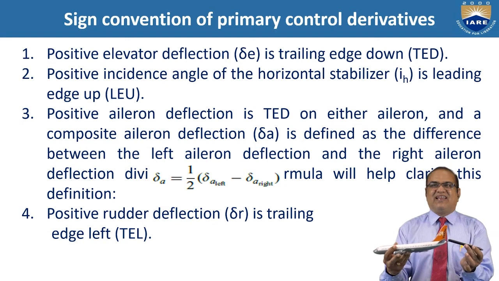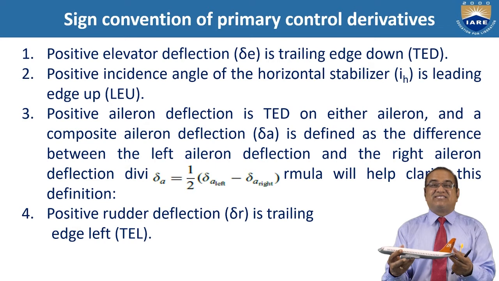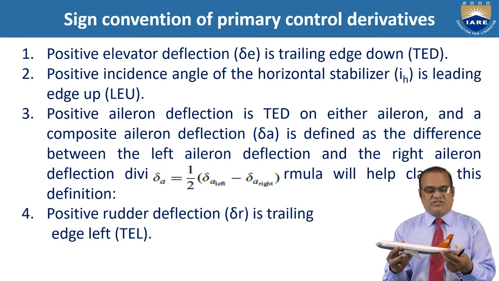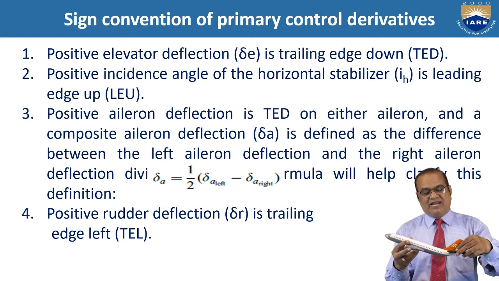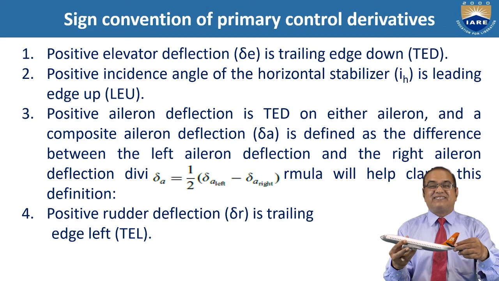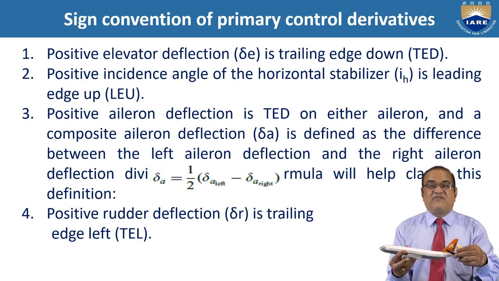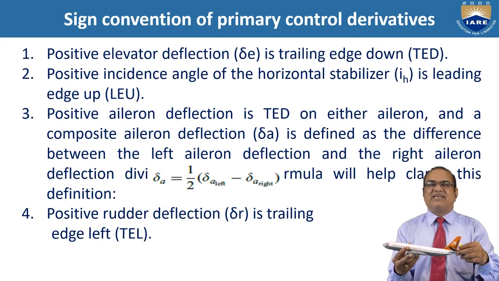Positive incidence angle of the horizontal stabilizer IH is leading edge up. So this IH we can say is positive when the leading edge is facing upward. Here it is 0, and if it is going like this, we can say that it is positive. So IH, the incidence angle of the horizontal tail, if the nose is upward, it is positive.